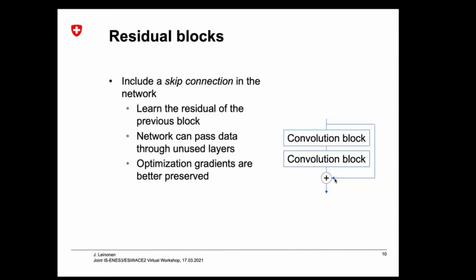And this also means that the optimization gradients are better preserved, which can sometimes be a problem with very deep neural networks. And indeed, these residual networks have enabled people to build much deeper networks and still be able to keep training and optimizing them. We can have hundreds of layers in a single network.